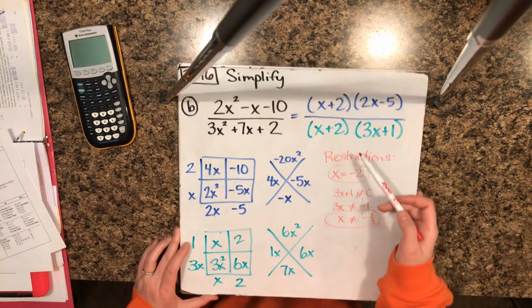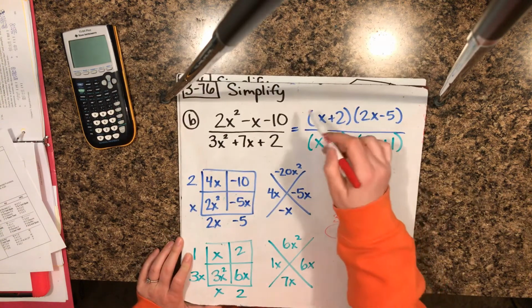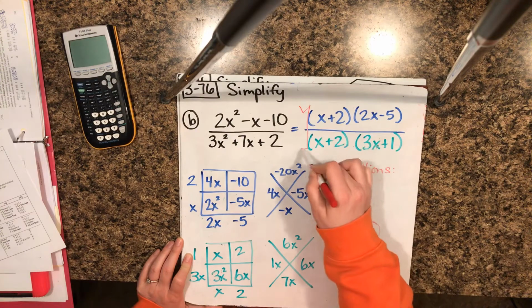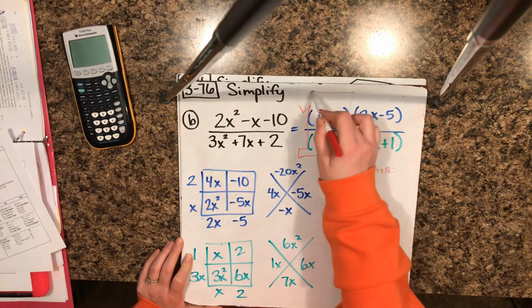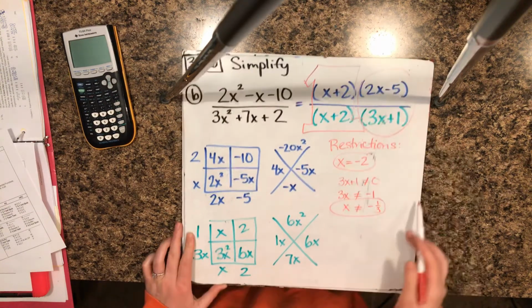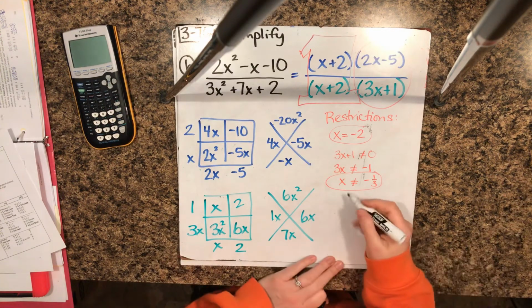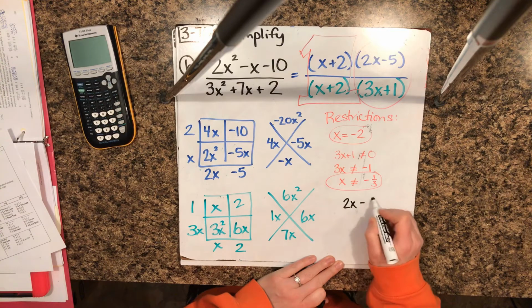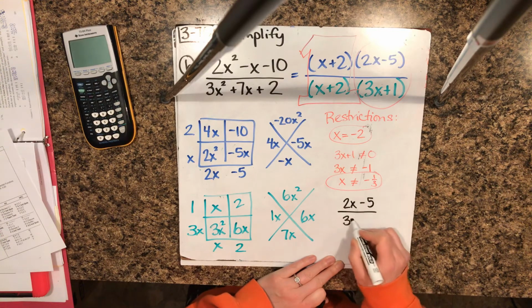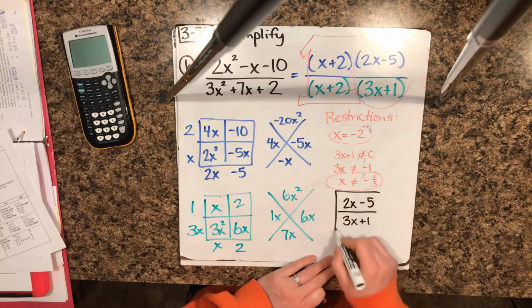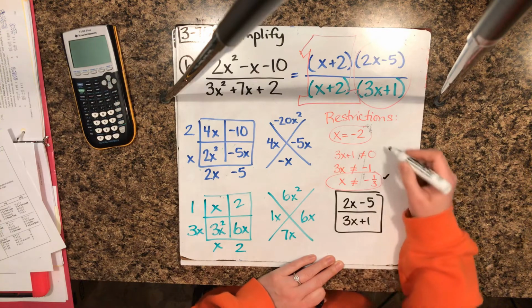Let's take a look. I've got a giant 1 in the x plus 2 over x plus 2. So those can cancel out to simplify. And what's remaining, my simplified answer is 2x minus 5 over 3x plus 1. So here's my solution with two restrictions.